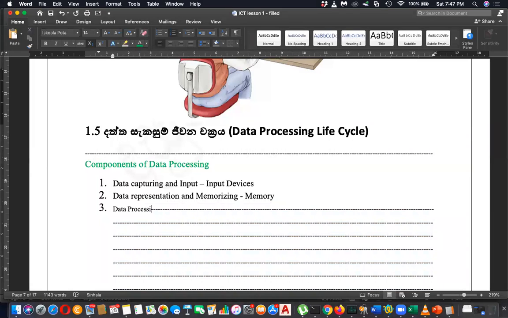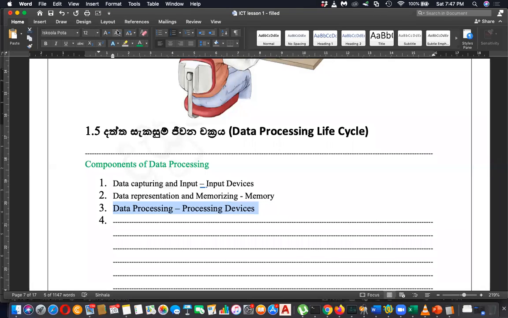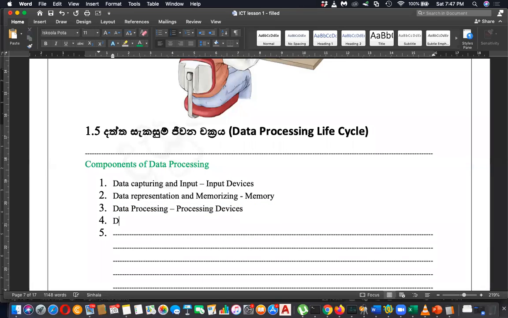Then data processing. You have a processing device for that. And after data processing, then what? Then the storage. You said that. Data storage is also important.